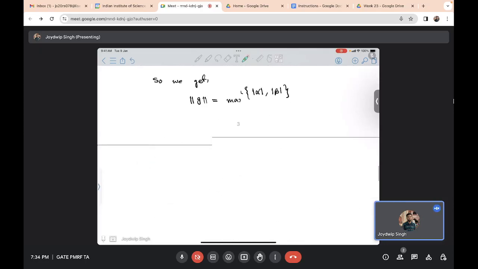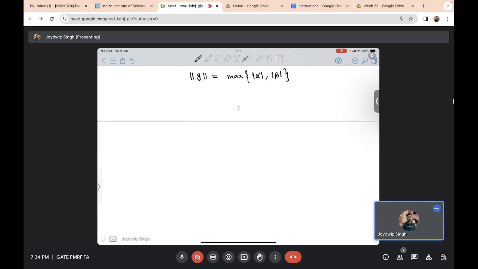So by 2 we get the norm of G is the same as the norm of F, which implies the maximum of mod alpha comma mod beta is 3 by 2.